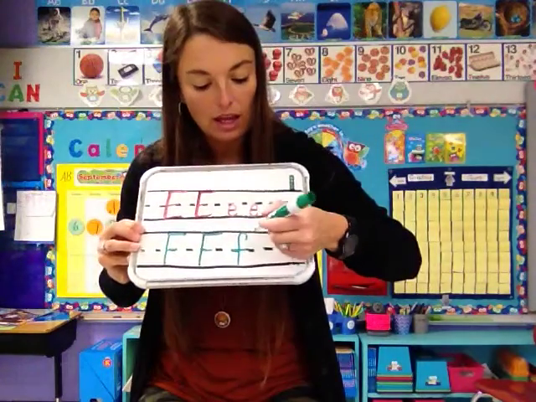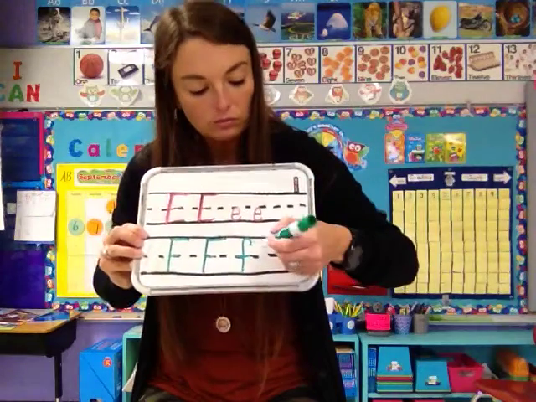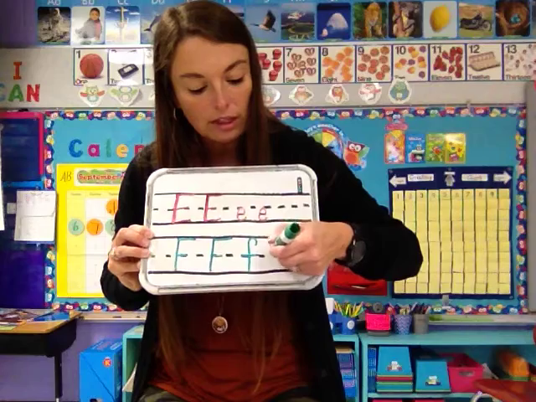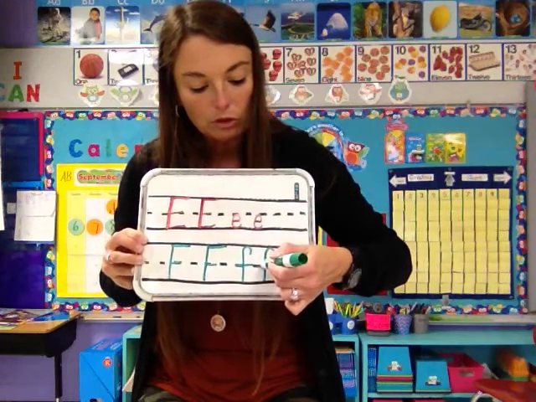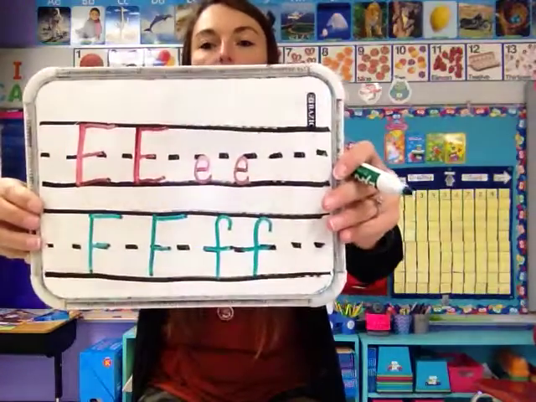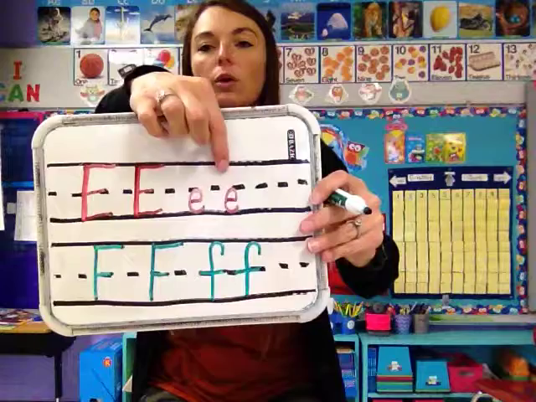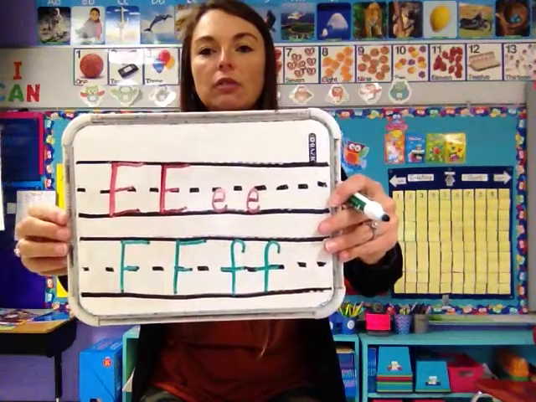So lowercase f, we're starting in between the top and the middle line. We're going up and around, straight line down to the bottom. Pick our pencil up and we're crossing over in the middle. Just like that. So we have uppercase E, lowercase e, uppercase F, lowercase f. Okay? All right.